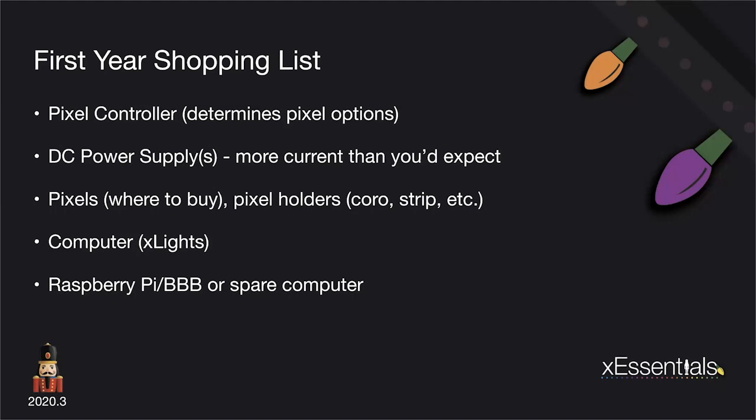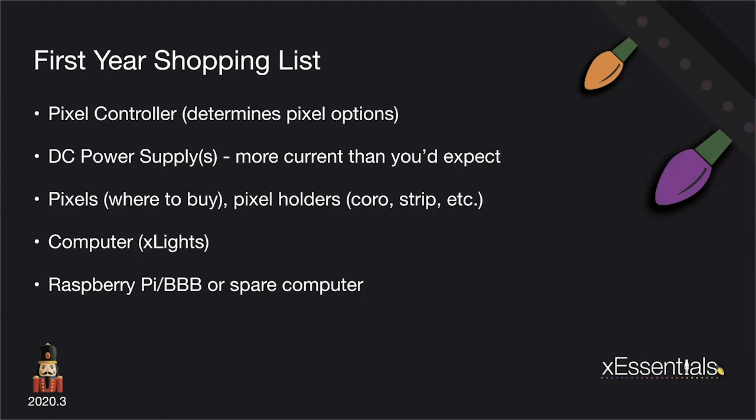You will need one or more DC power supplies because pixels pull more current than you think. Like I said, a string of 100 is 6 amps. I also recommend that people get several of the smaller power supplies. You can go and say, well, I got to get 1,000 amps of DC current.